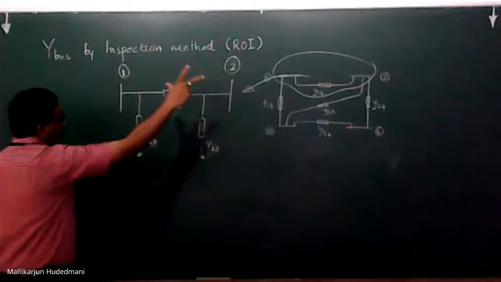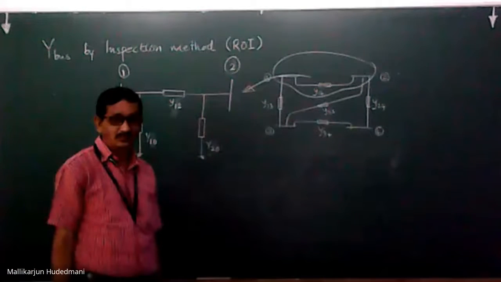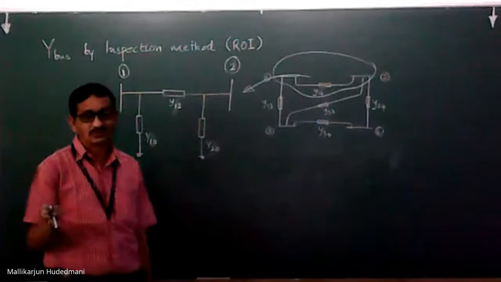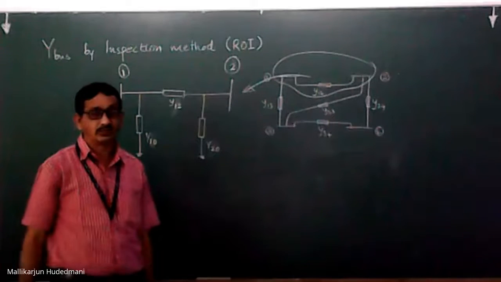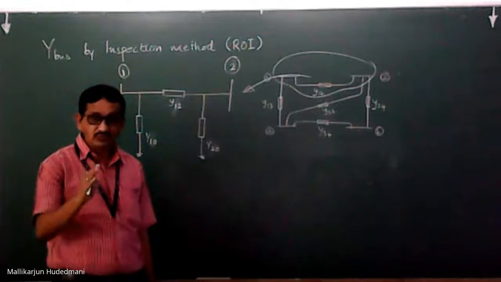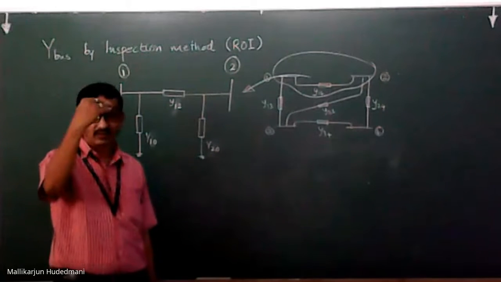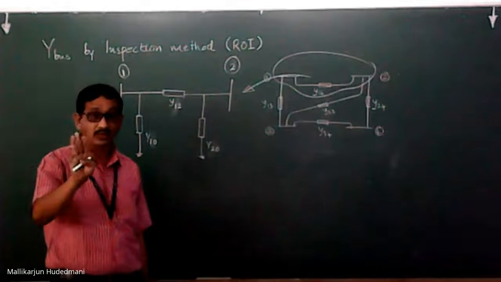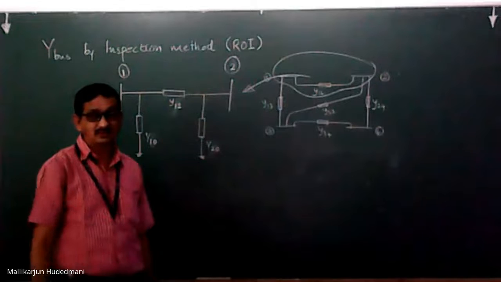Then how is this going to affect your Y bus calculation? The first question is whether it is going to affect it or not. Definitely it is going to affect your calculation. The values which you accounted on the diagonal, Y11, Y22, Y33, Y44, are surely going to get changed. What about the off-diagonal?